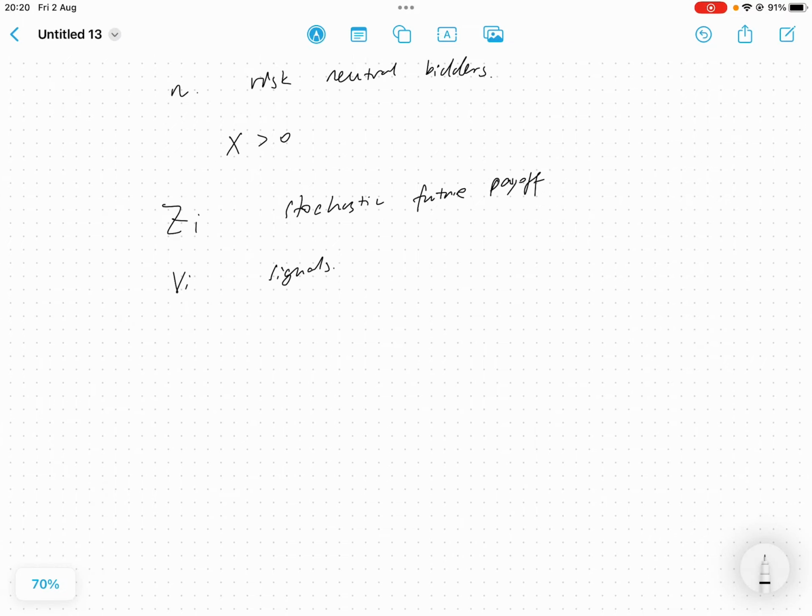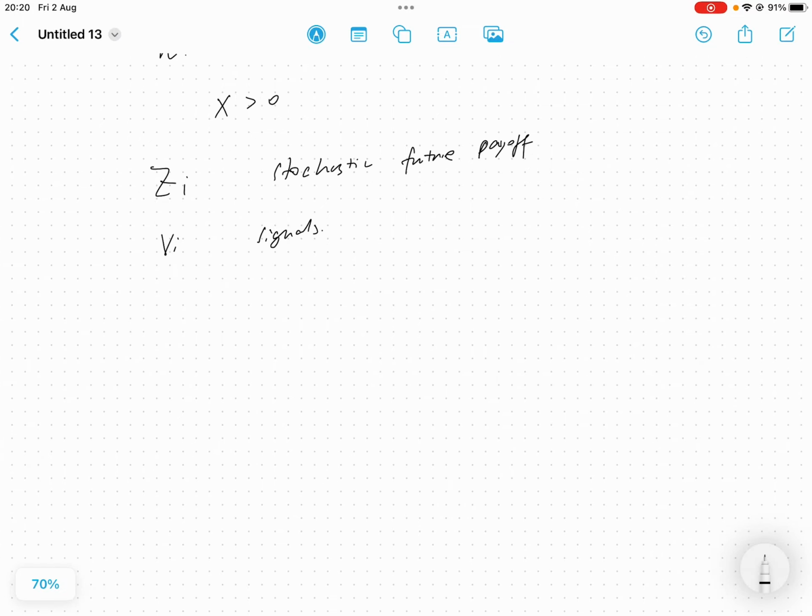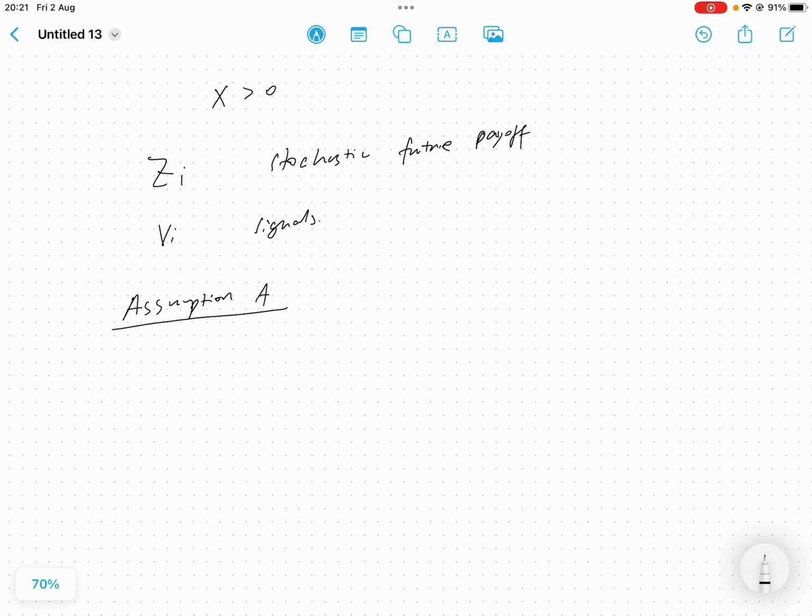The interest rate is normalized to 0, and we don't need to care about that. So there are some basic assumptions about those distributions. In their Assumption A, they mention some requirements for the signals and the payoffs. Basically, the Vi are IID.